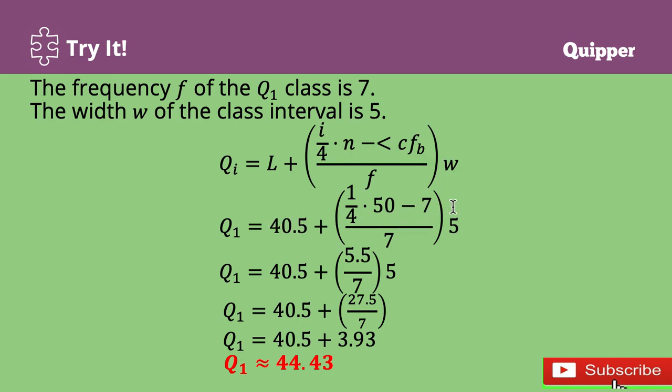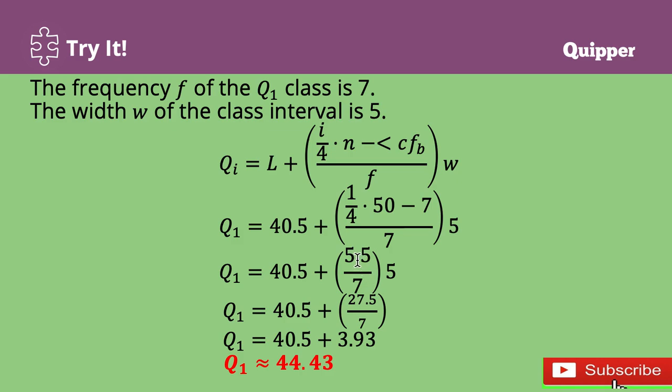Substitute all those necessary values. Now we have Q sub 1 is equal to 40.5 plus 1/4 of 50 minus 7, over 7, times the class width, which is equal to 5. 1/4 times 50 is 12.5, minus 7 is 5.5.